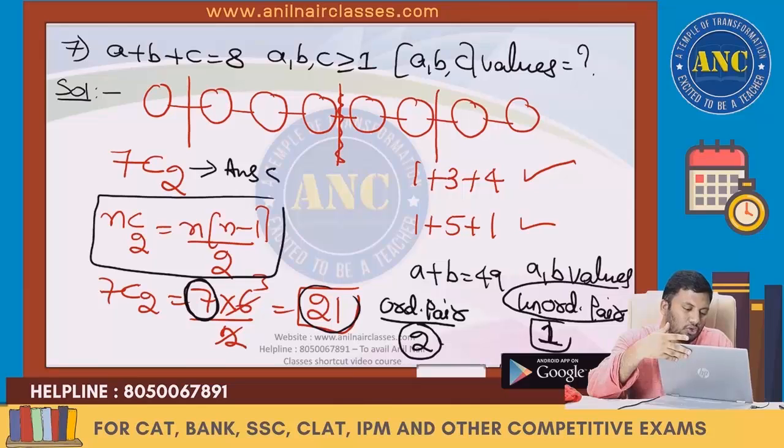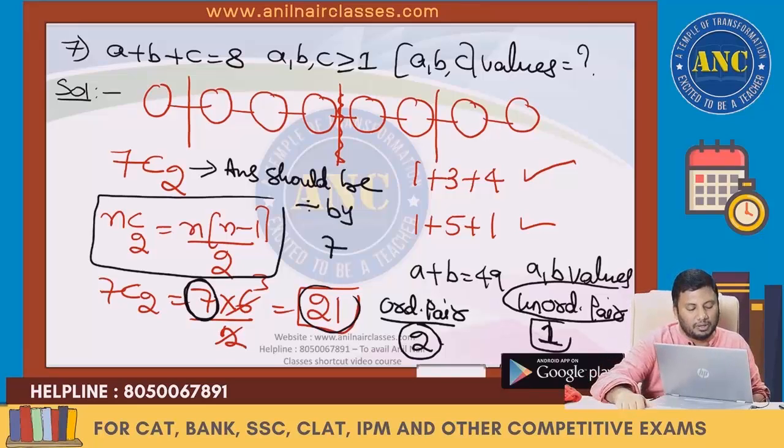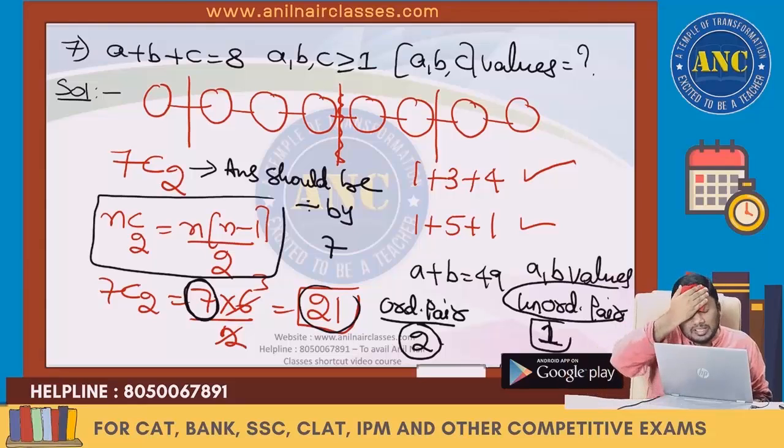For 7C2, the answer should be divisible by 7. Please make a note. 7C2 is 7 into 6 by 2, which is 21, and 21 is divisible by 7.